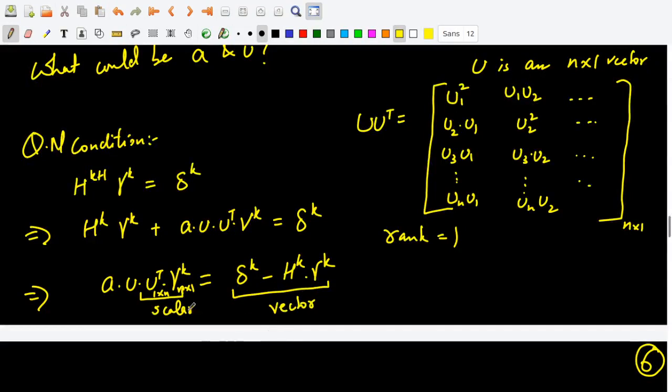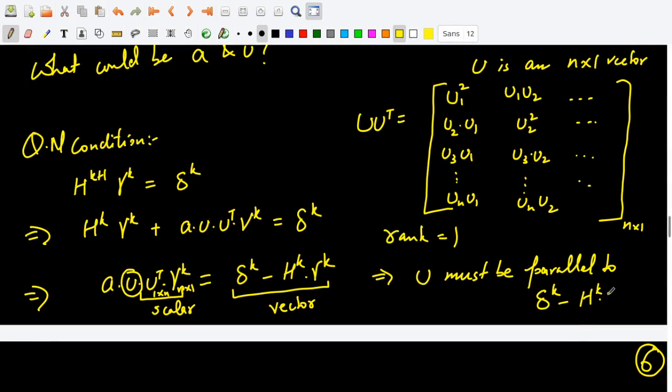So that means this u vector should be parallel to this vector. So u must be parallel to delta k minus hk into gamma k.